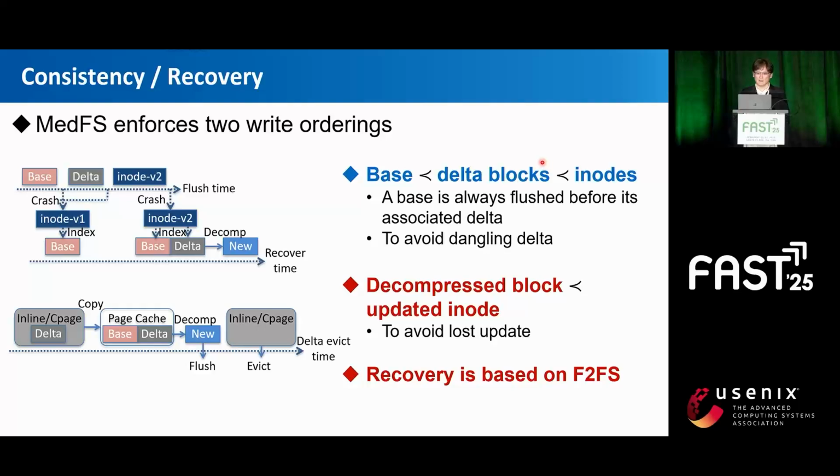And then before the inode. That is to avoid a dangling delta. A dangling delta is when, during recovery, we find a delta but cannot find the base. That is an error. We can avoid this error by enforcing this write ordering. And this is another ordering. But anyway, based on this and the original recovery logic of F2FS, we can guarantee data consistency.